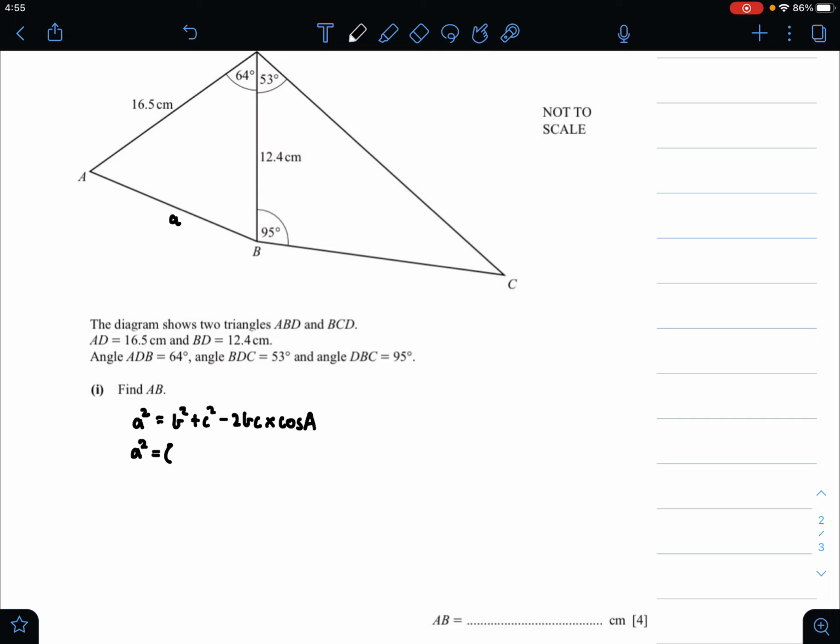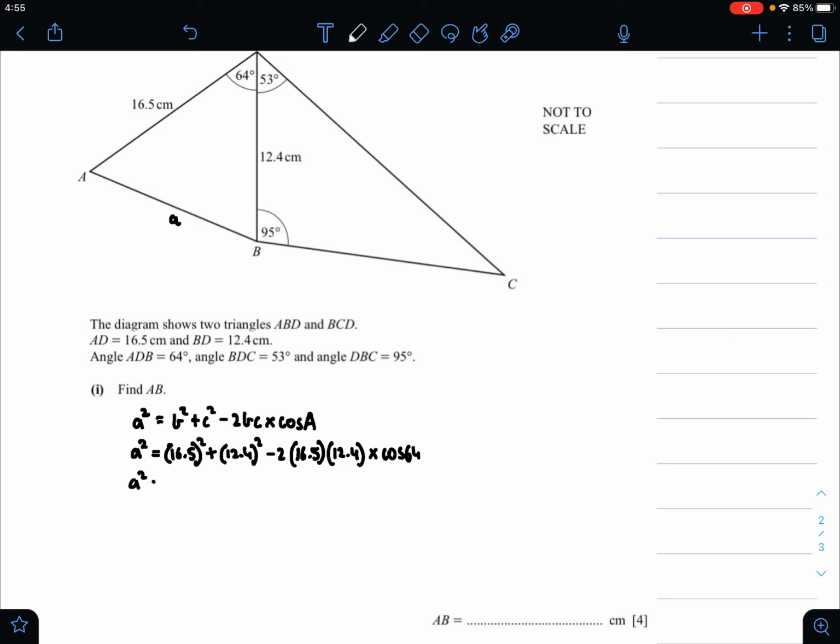So you can take B as 16.5 or 12.4, won't make a difference. So 16.5 squared plus 12.4 squared minus 2 times 16.5 multiplied by 12.4 multiplied by cos 64.